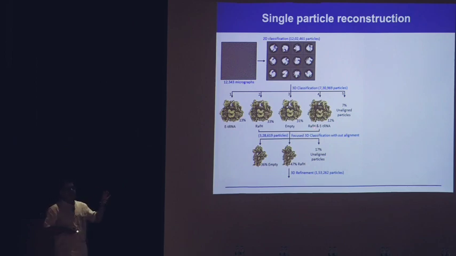But the problem is the ribosome is a giant, and the good thing is it's easy for alignment, but the bad thing is it comes with a lot of heterogeneity, that is conformational and compositional heterogeneity. Conformation means one ribosome is different from another, right? Another is composition, because we are looking for RAF, and its occupancy may not be 100%.